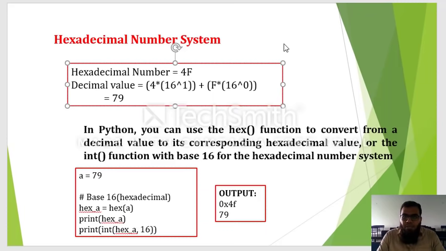So 16 power 0 into F plus 16 power 1 into 4. If you have any other digit here, it is multiplied with 16 power 2. So this 4f, when you convert into a decimal number, you will get the answer as 79.